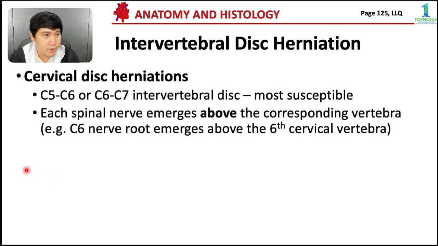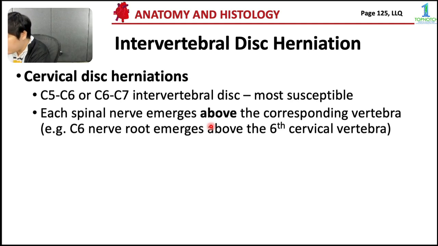We'll discuss further. The most common cervical disc herniation occurs at C5-C6 and C6-C7 because these are the most mobile segments of the cervical spine. Each spinal nerve emerges above the corresponding vertebra.